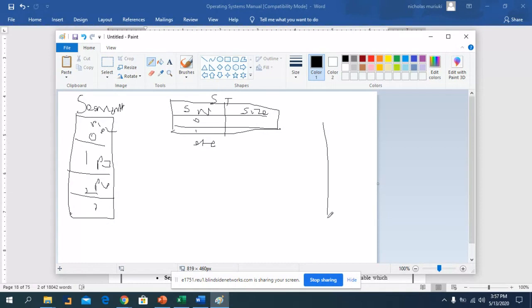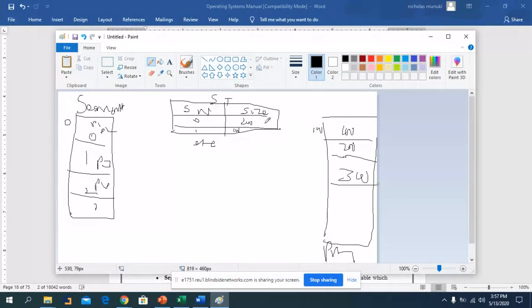Where now you can allocate 0, 1, etc. Then after that, we can have the physical memory. In this physical memory, this is segment 0, 1, 2. So this is where we have 0. It has a size of 200. This has a size of 100. So in this case, now we can provide sizes: 100, 100, 200, maybe 300, and then we can map.